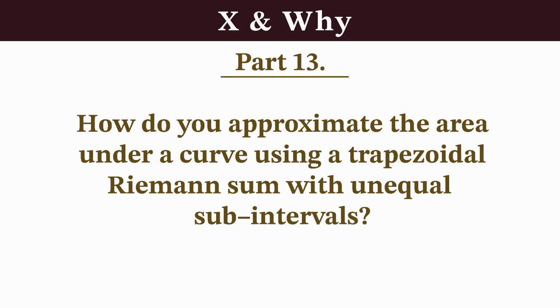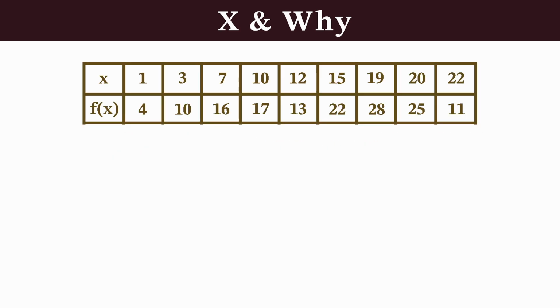Part 13. How do you approximate the area under the curve using a trapezoidal sum with unequal subintervals? When the interval from a to b is divided into unequal subintervals, you can't use a single delta x. Instead, each subinterval has its own separate width. Each base of the subinterval is still determined by the left and right endpoints.